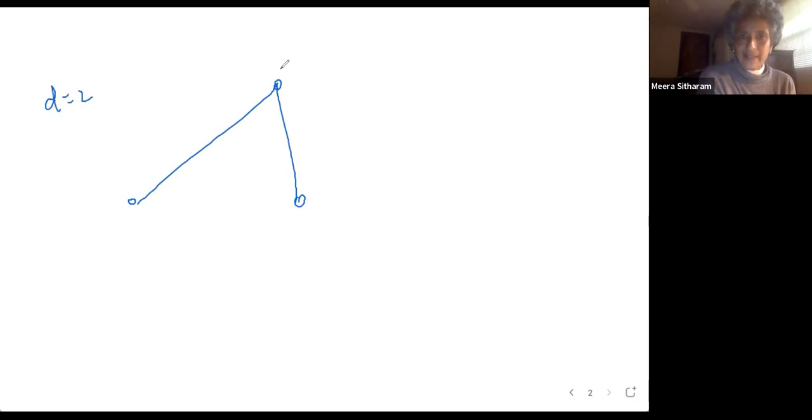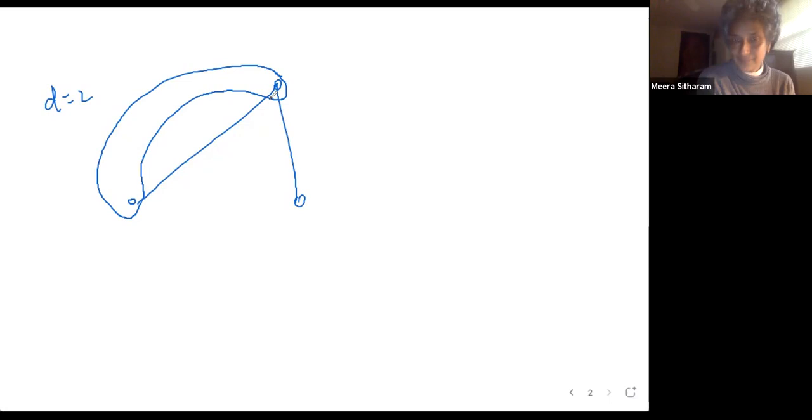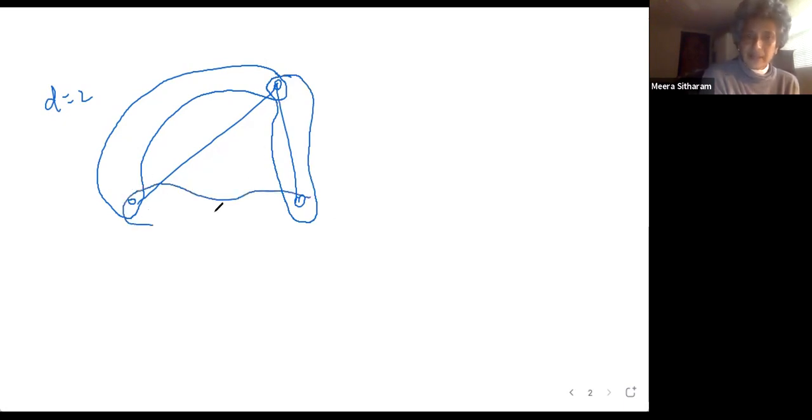It could be that there is an entire submatrix of this distance matrix that allows you to find a realization of a subgraph, which I'm drawing in this way. And similarly, there could be another submatrix that allows you to find a realization of a subgraph in the way that we just talked about, and three such subgraphs. And once we have those three such subgraphs, we have our three required distances.